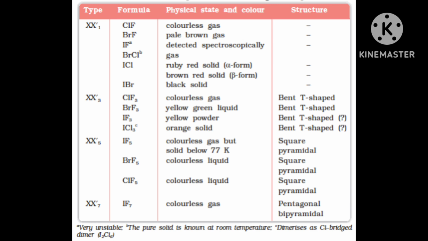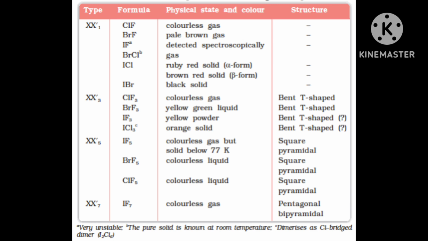As the ratio of the radii of X and X' increases, the number of atoms per molecule also increases.